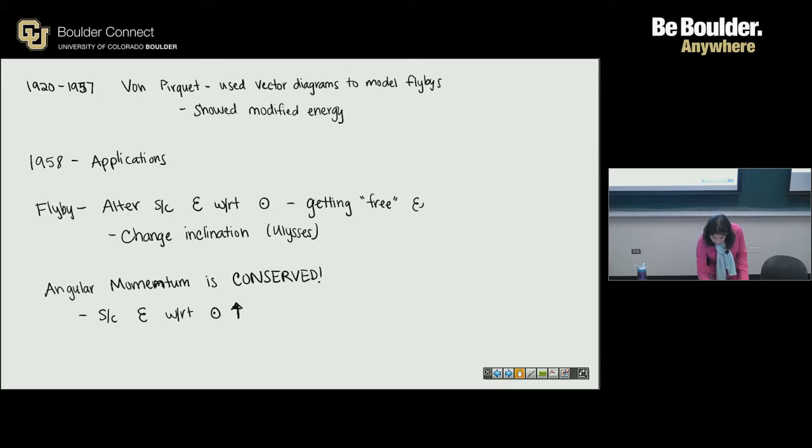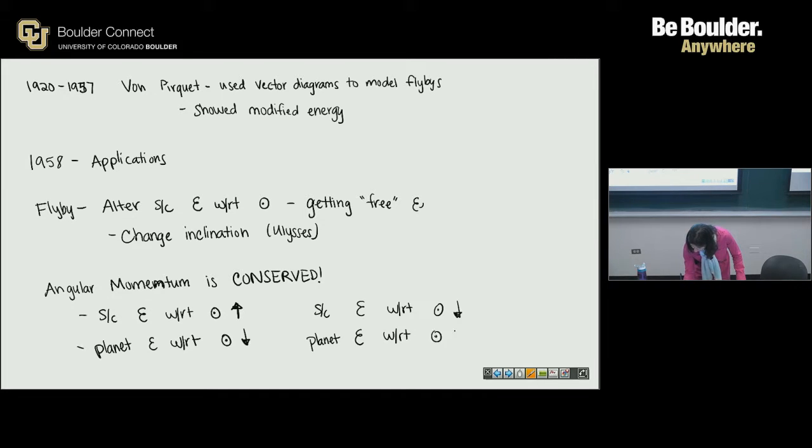Yes. So the planet's energy with respect to the sun is going down. So if the spacecraft's energy with respect to the sun decreases, then the planet's energy will increase.